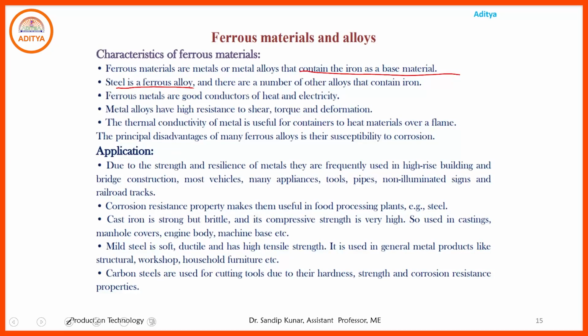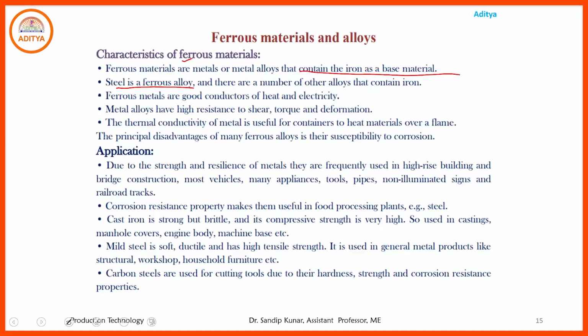Ferrous material has good electrical conductivity. And due to higher application of load, it also has deformation properties. The main disadvantage of ferrous material is rusting, meaning it forms oxides with air.